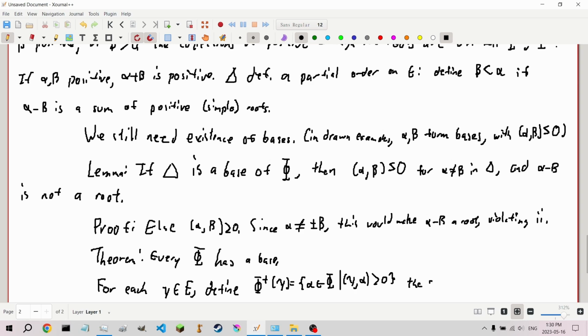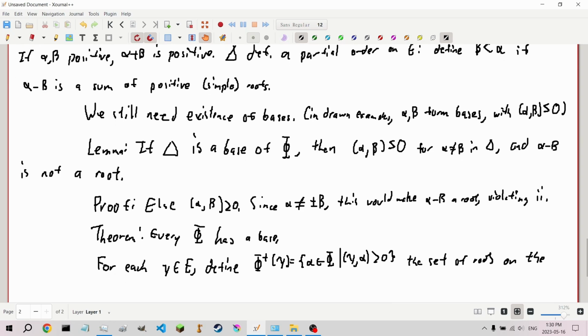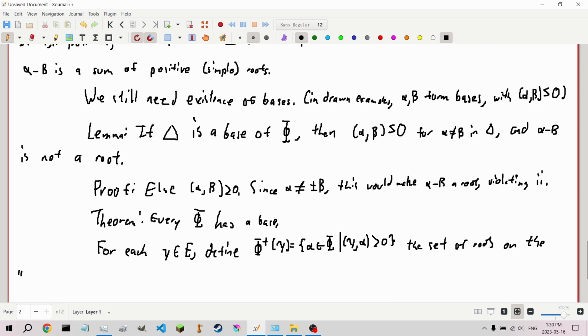This is going to be the set of roots on the positive side of the hyperplane of gamma.